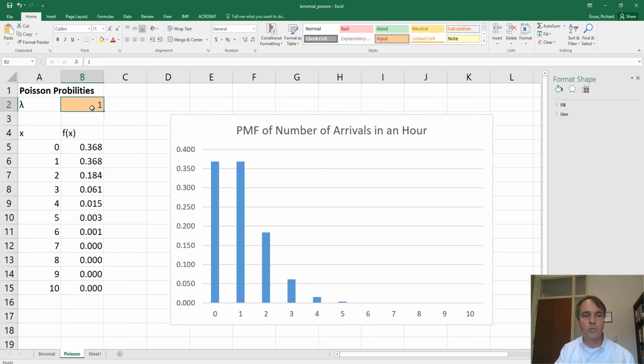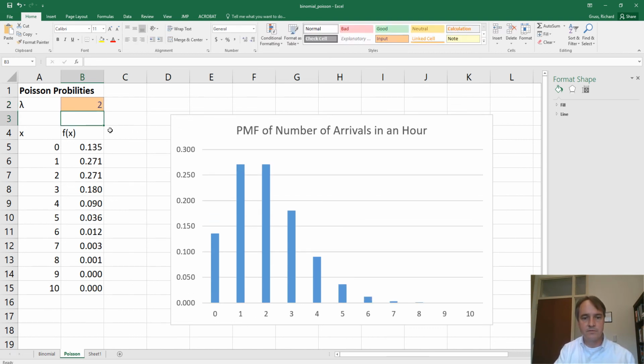And you can see if we have 1 customer per hour, the odds that in any given hour we're only going to have 5 is very small. It is 0.003. But as this goes up, we'll see that this distribution shifts over to the right. So if historically on average we expect 2 people to show up every hour, then the expected value is going to be like 1 or 2, right?